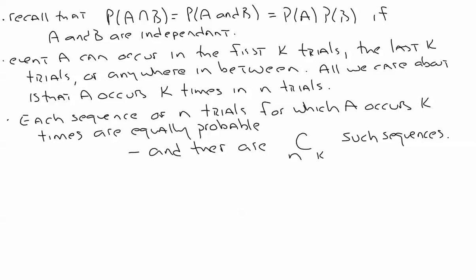So, back to our story. The probability that in N trials, event A occurs K times equals... That's what that looks like from 2 slides back.